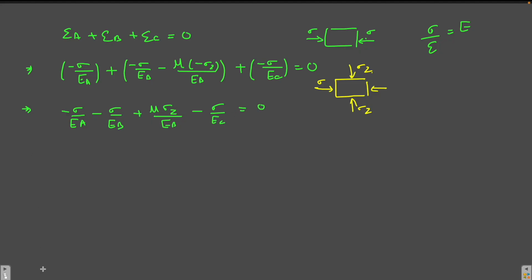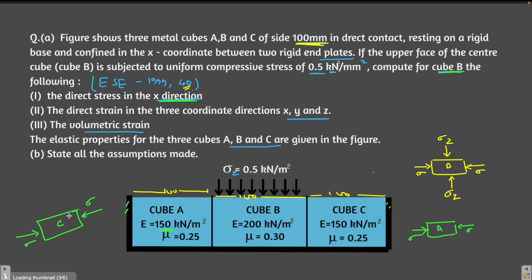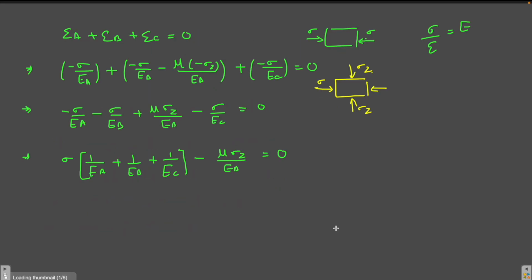Now let's remove so many minus signs and we'll be left with sigma times (1 by EA plus 1 by EB plus 1 by EC) minus mu sigma z by EB is equal to 0. I have just removed all the minus signs and we'll be left with this equation. Now you see that E for cube A and E for cube C are the same. So can we write EA is equal to EC? It's given in the question.